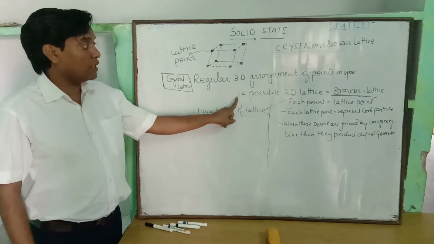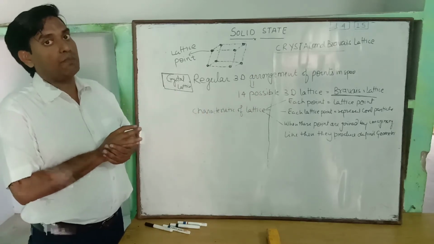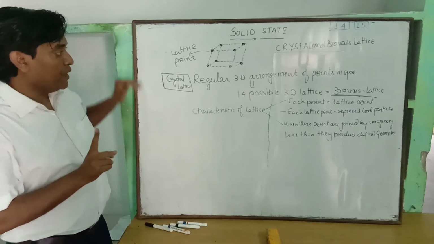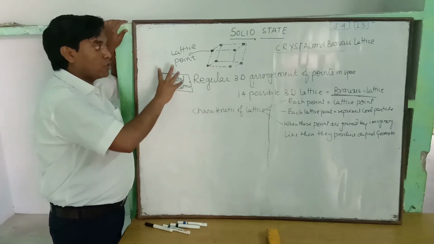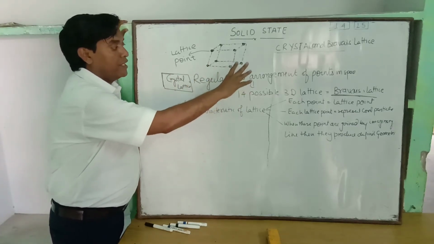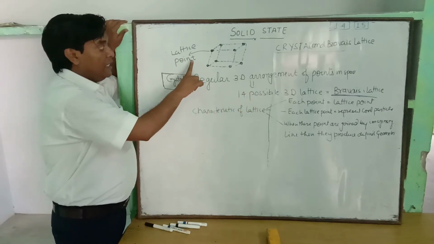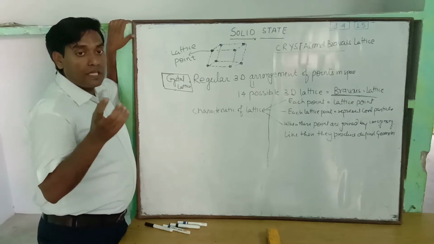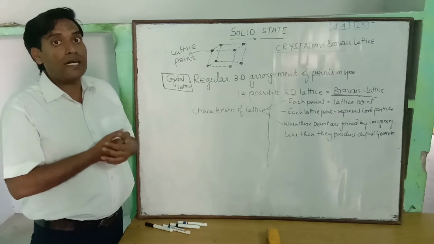These 14 possible lattices are collectively known as the Bravais lattice. In the Bravais lattice, you can say all the possible 3D arrangements of points in space are known as the Bravais lattice.